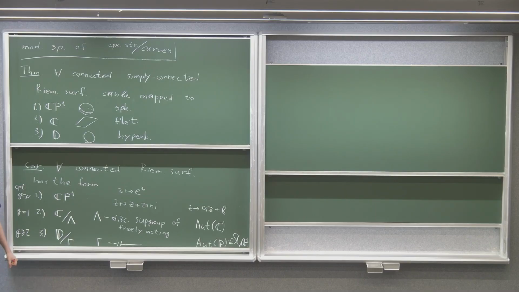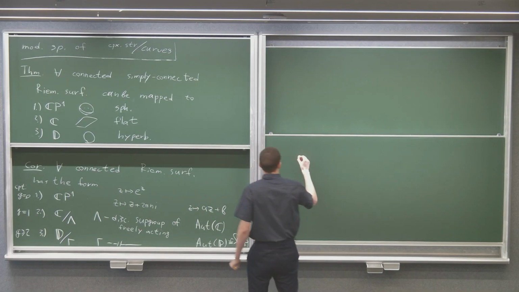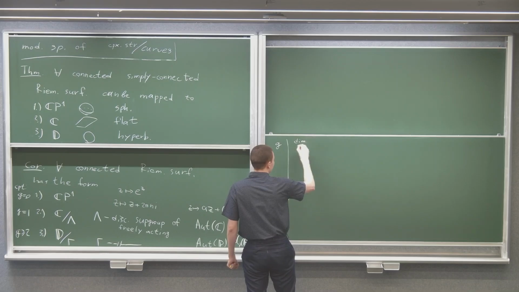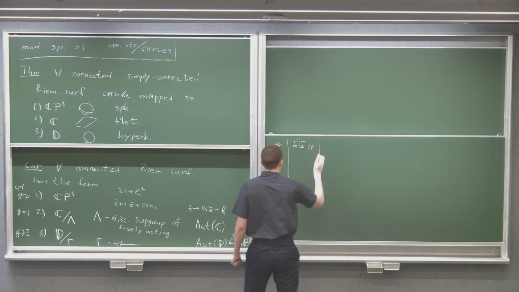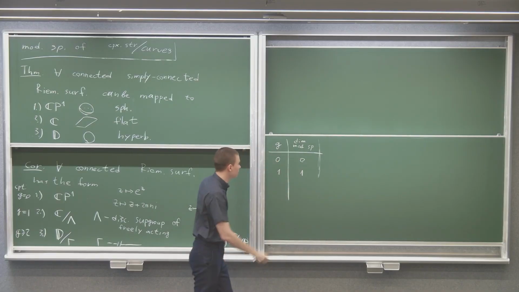There's one complex parameter that determines the curve up to automorphisms. So let me write it. We have genus and the dimension of the moduli space of curves of this genus. For 0 we have 0, just one point. For 1 we have 1, again complex dimension.